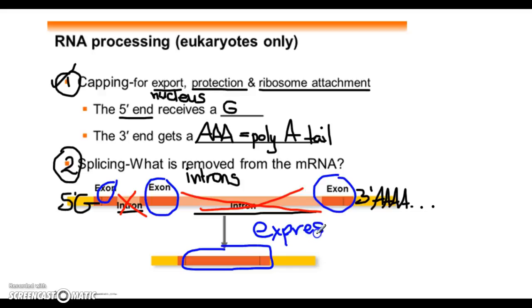Or you can think about it as exons are going to exit the nucleus, go find a ribosome and make some protein. There are definitely alternate ways that things can be spliced. So maybe at a different point in our lifetime, this is an intron here, and then this is the exon. And so obviously you can create a variety of polypeptides from one gene.